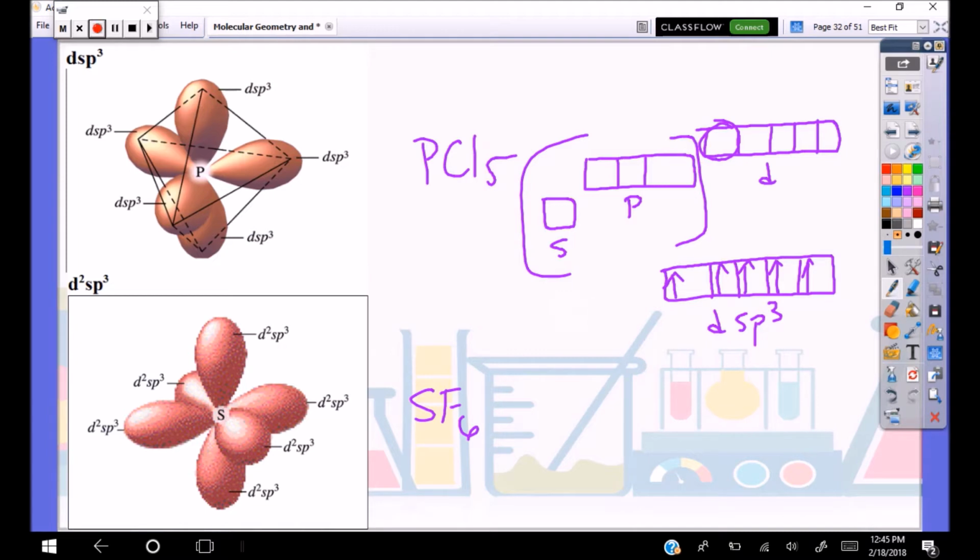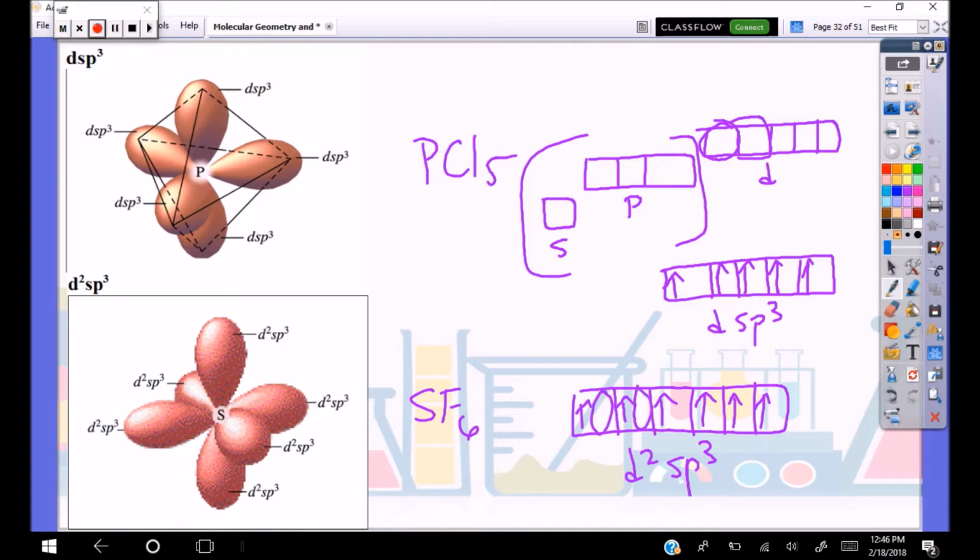If we needed 6, you could take a second d orbital and form 1, 2, 3, 4, 5, 6, and this would be d2sp3. Okay, and then this is why sulfur can have 6 possible bonding regions, because we can pair up this way.